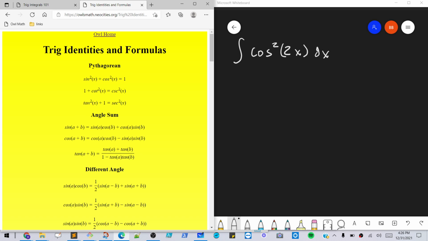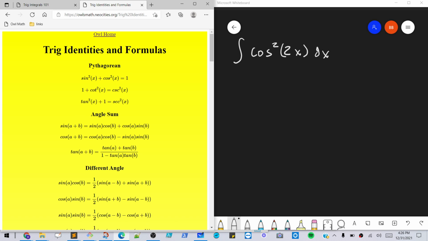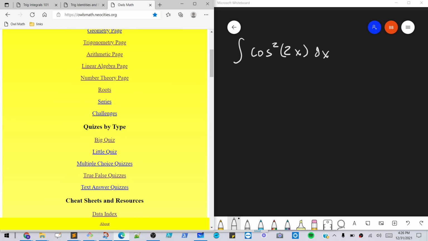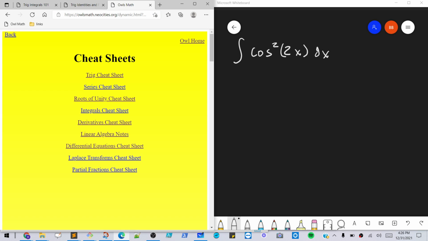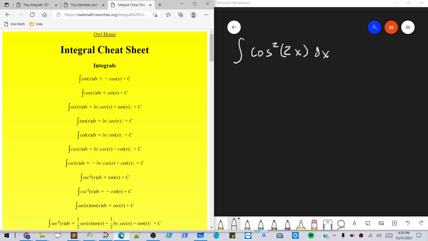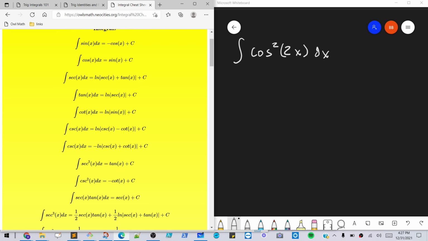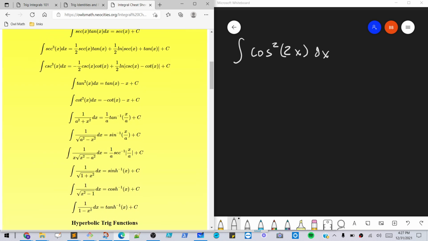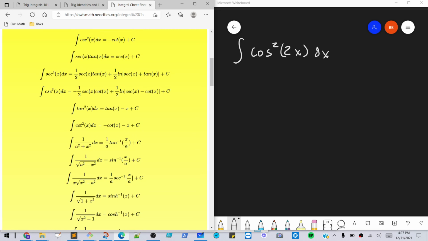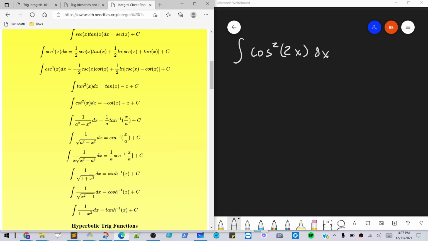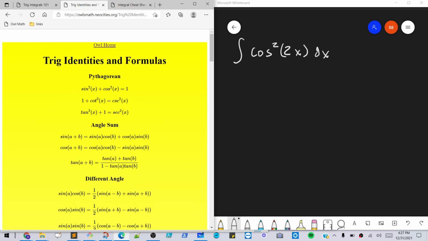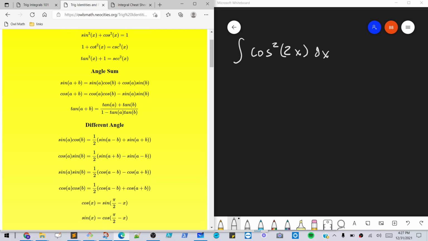So we'll use the trig cheat sheet, and then also the integral cheat sheet. It's nice if you memorize these, but occasionally I want to be sure, or it's just quicker, so you don't have to keep revisiting things that you already know or should know.